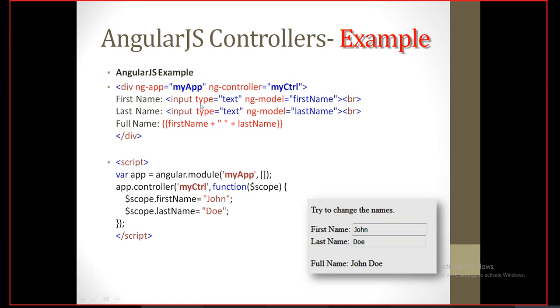Okay, we have two input fields, both of text type, and we have defined the ng-model directive, and we have created two application data variables, first name and last name. Okay, and then finally using the expression mechanism, we are displaying it in a particular manner.